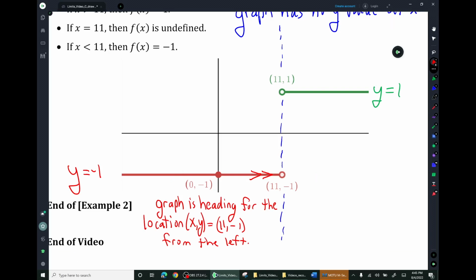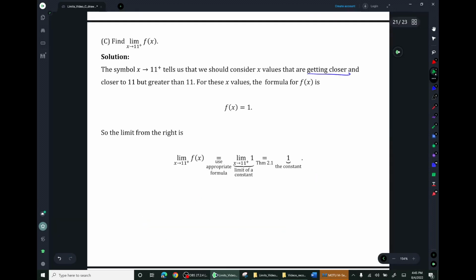Now, how do we illustrate the result of question C? In question C, we found that the limit as x approaches 11 from the right of f of x was 1. Well, recognize that in that sentence that I just spoke, there's an 11 and there's a 1. That 11 and that 1 are the x and y coordinates of a location that the graph is heading for from the right.